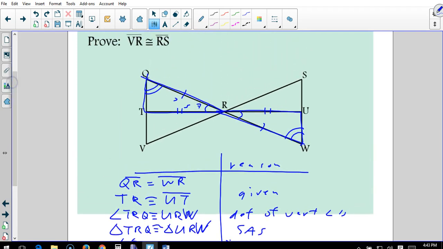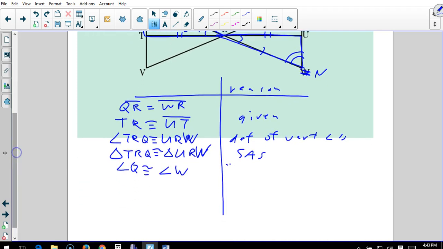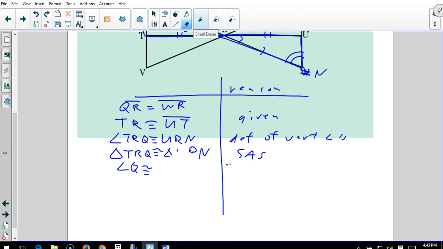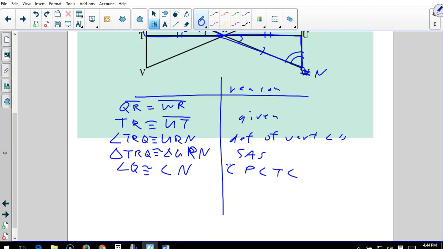In your packets, I believe this is an N. There's my error. I was looking at the packet also. So let's just go with what's in your packets. So let's go back to saying this is N. And we can say that by CPCTC.